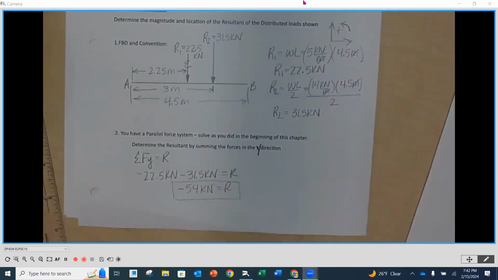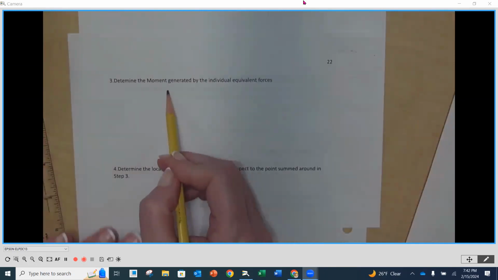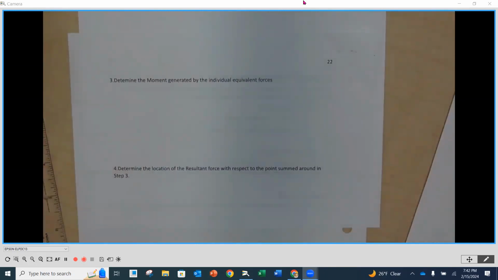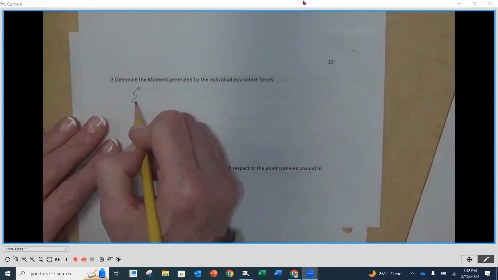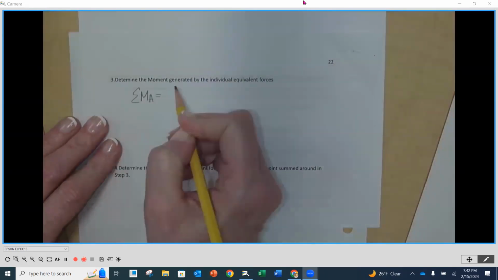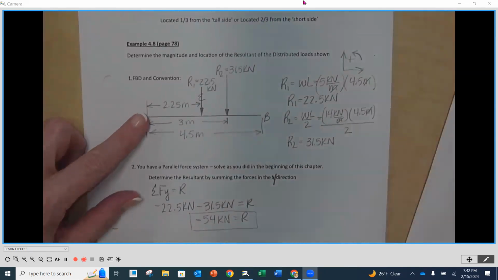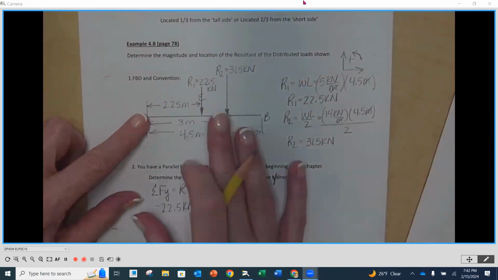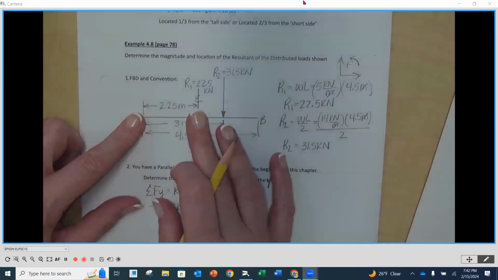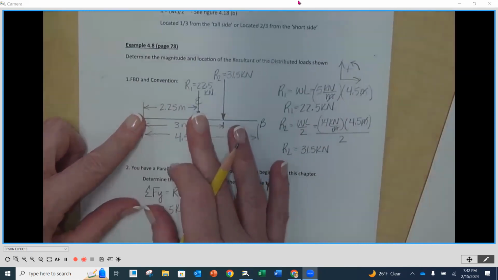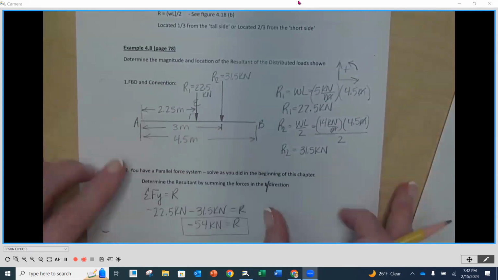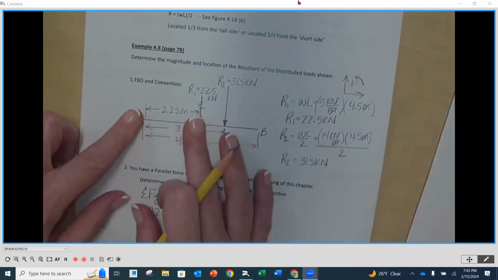Now we go back to our R bar. So on the next page, we want to determine the moment that's generated by those individual forces. So we're going to sum our moments around A. We're going to put our finger on A, and we need to know how these are going to rotate. So 22.5 times perpendicular distance of 2.25, and it's going to rotate negative.